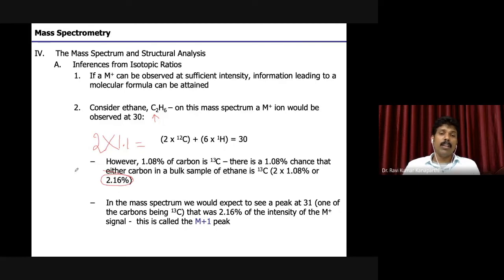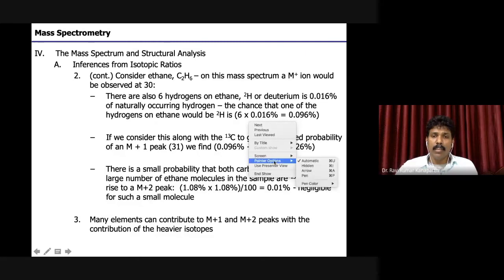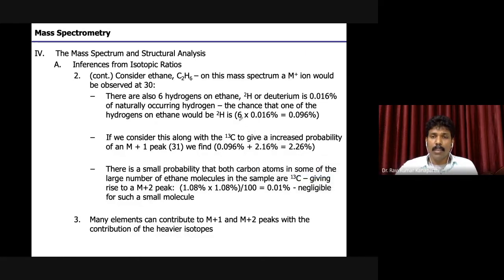Now, we also know very well that hydrogen can also be present in deuterium form, right? So in the case of hydrogen, how much is the deuterium contribution? The deuterium abundance is approximately 0.016. Therefore, I can calculate the deuterium contribution to the m+1 peak like this.